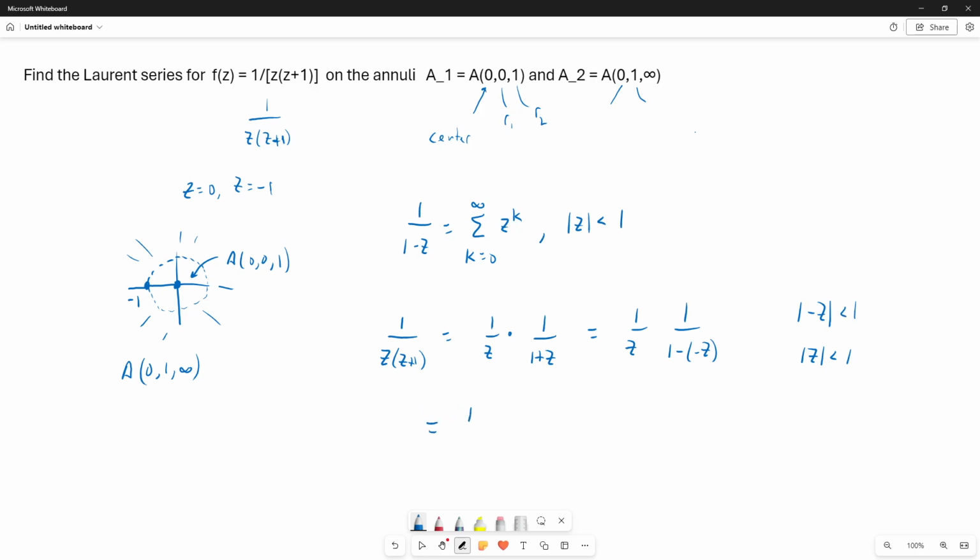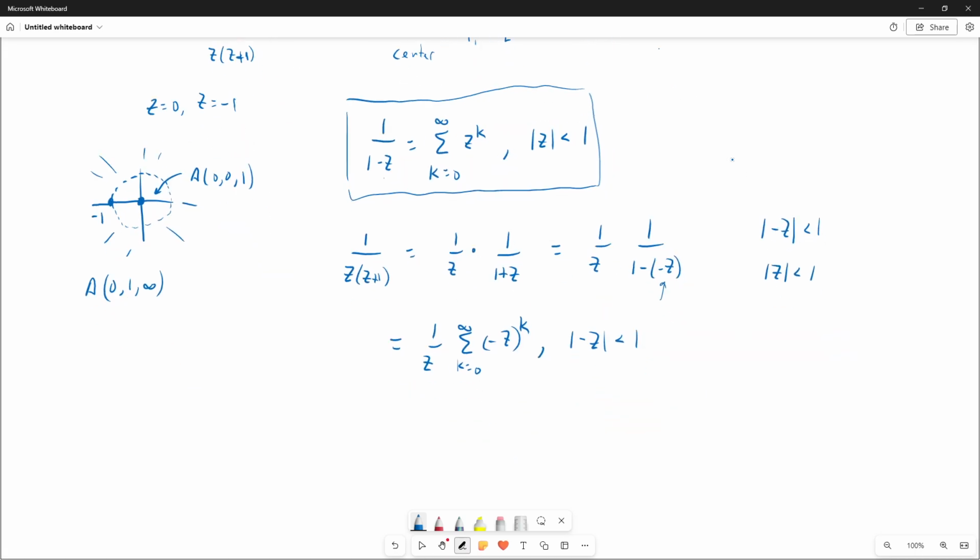So we have 1/z times the summation from k = 0 to infinity of (-z)^k, according to this formula with -z in the place of z. That's valid again as long as the modulus of -z is less than 1.